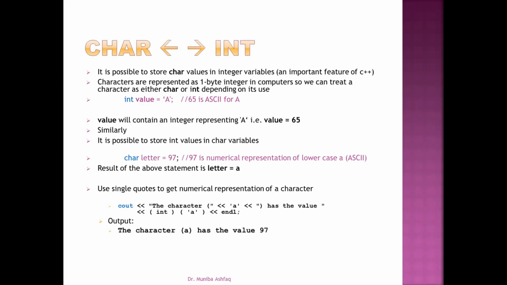So even if you assign 97 to the character letter, it's okay. What's going on here? 97 is the ASCII code, so automatically small a would be assigned to this letter.